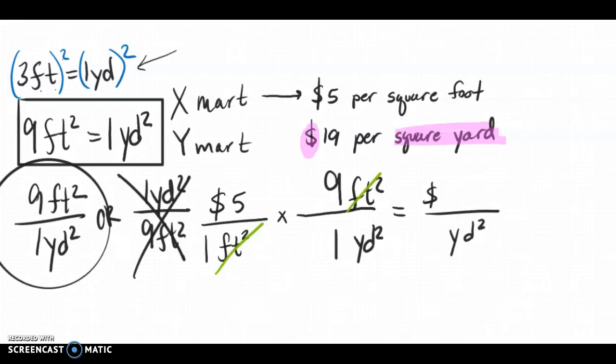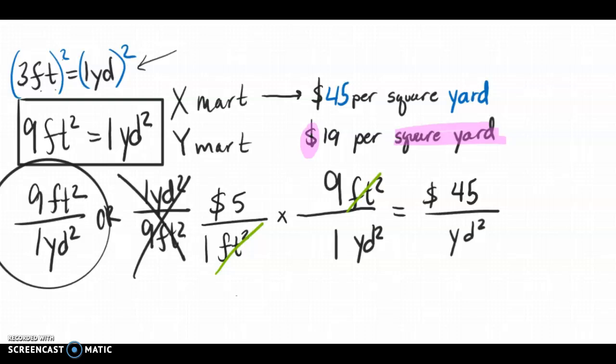So that tells me that I will get $45. 5 times 9 is $45 per square yard. So I can now change this and I can say, well, Xmart is $45 per square yard. And the same fabric at Ymart is $19 per square yard.